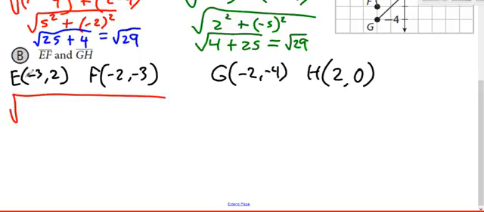So it's x minus x. So x minus x, negative 2 minus 3, or minus negative 3. And then y minus y, so that's negative 3 minus 2.